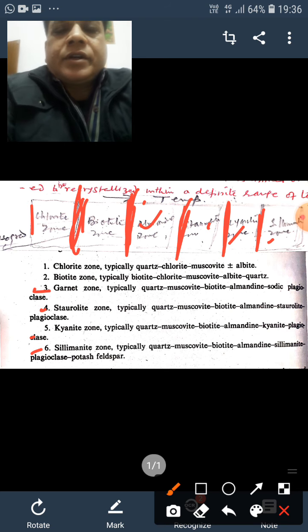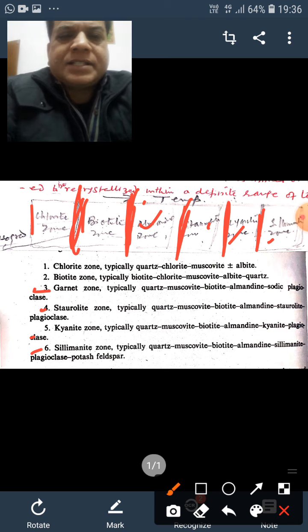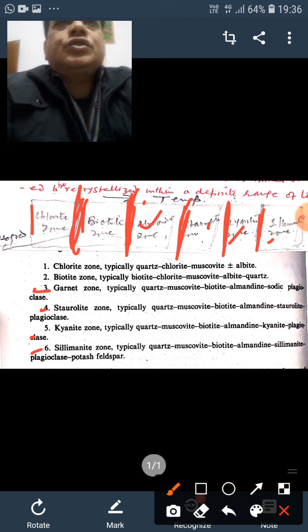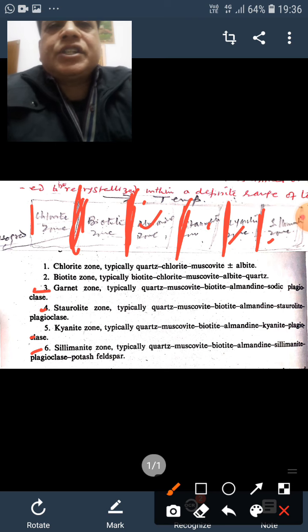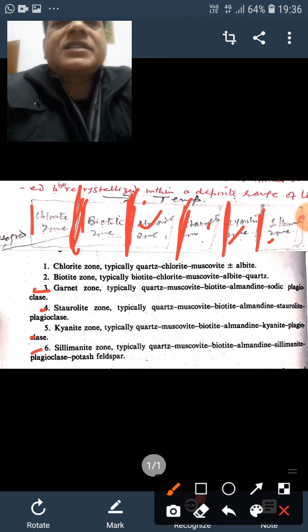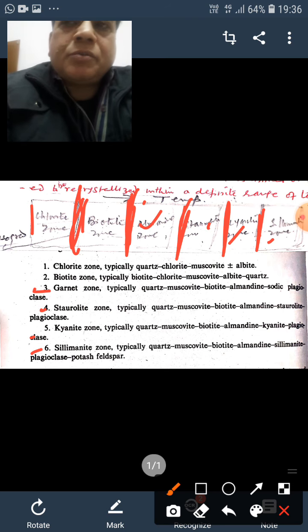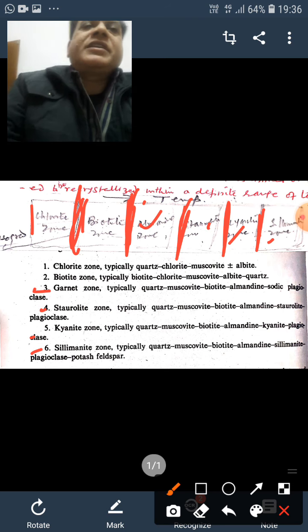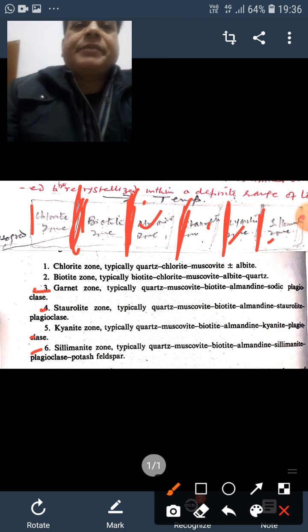So to conclude, Barrow first explained the zone concept in progressive metamorphism, that with rise of temperature different mineralogical changes take place, and different mineral assemblages are found with rising temperature.